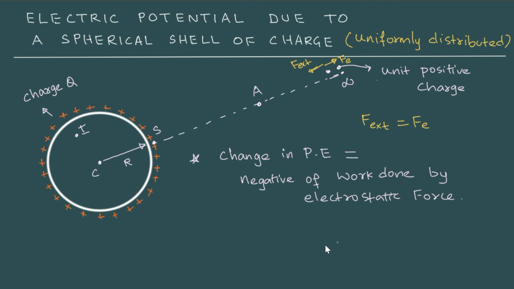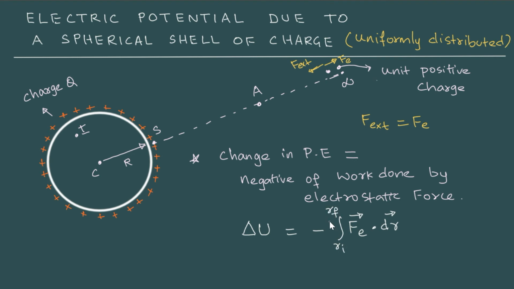Now, if I write this using symbols, the change in potential energy delta U is negative of the integral of work done by electrostatic forces, F_E dot dr. We're going to go from some initial position of the point charge to some final position.